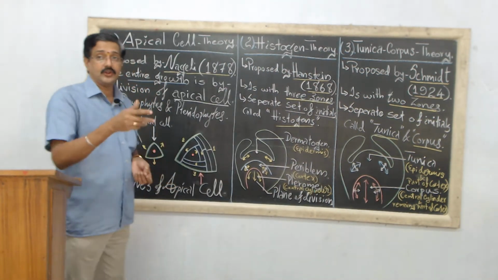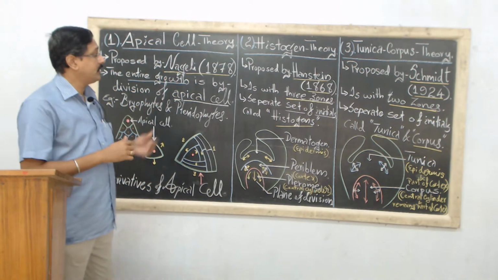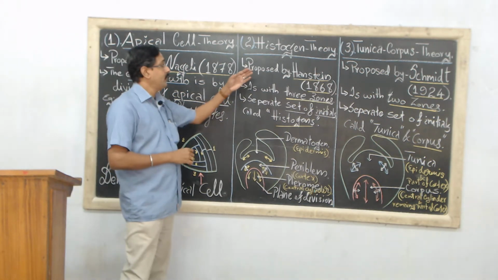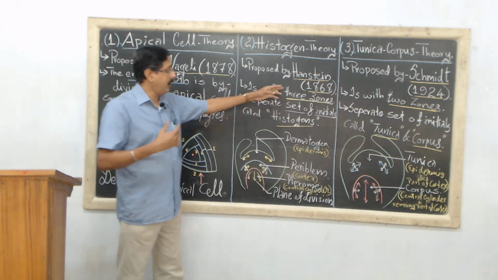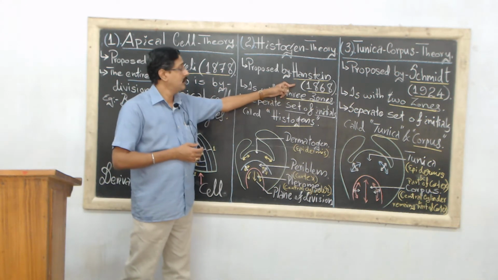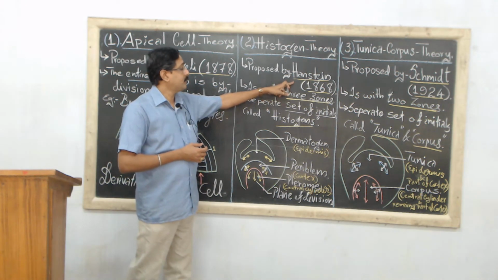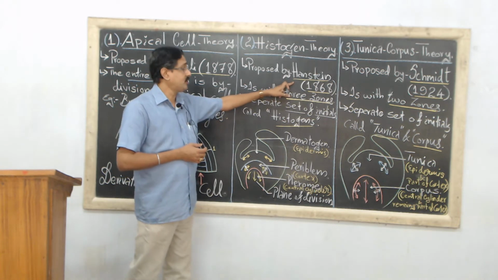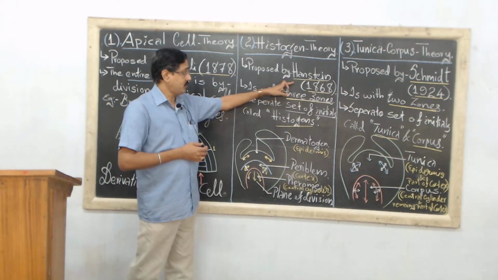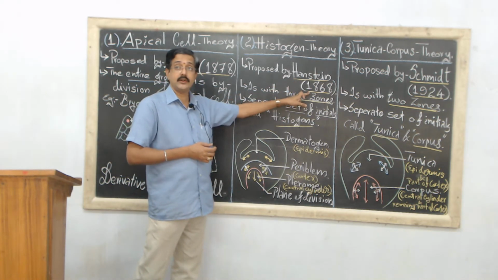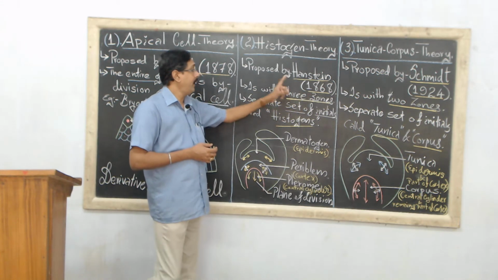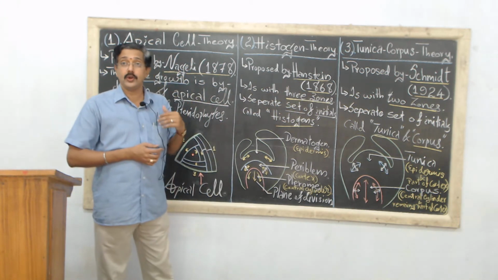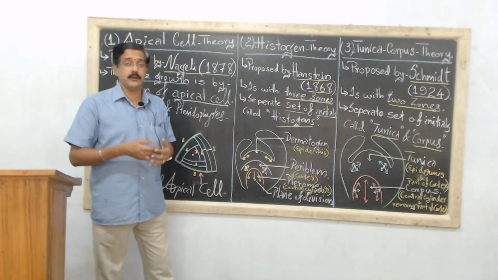So, it is the first theory. The second theory is the histogen theory. It is proposed by another anatomist, Hanstein, in 1868, and the theory is also accepted.